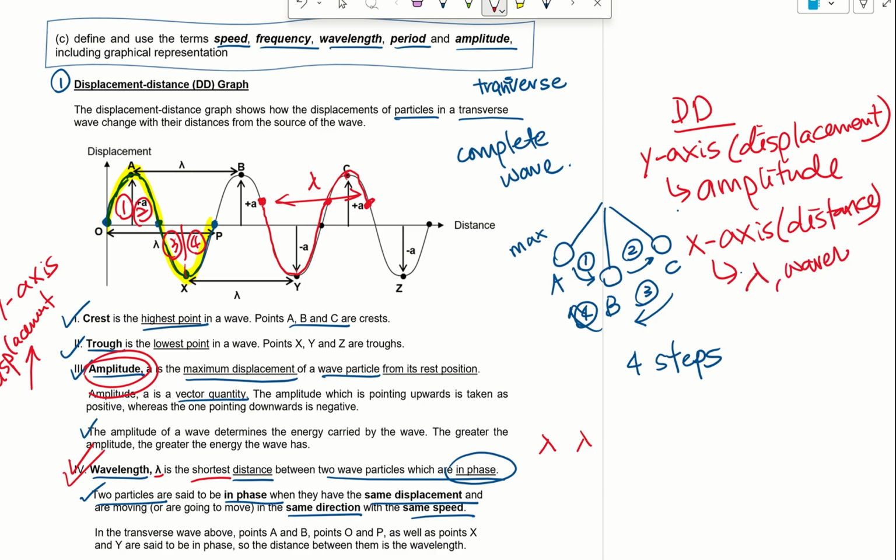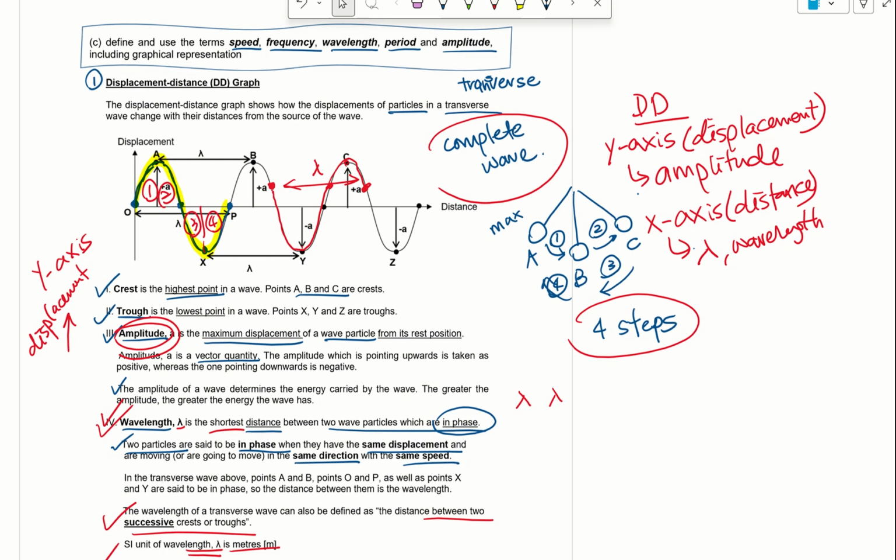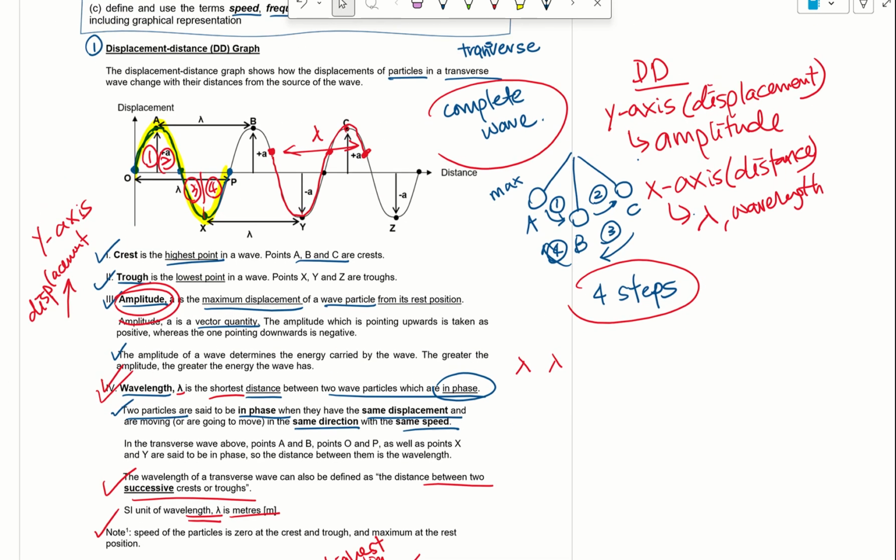So the wavelength will require you to either identify 2 successive crests or troughs, or identify the horizontal distance that a complete wave makes. That means you need to know the concept of a complete wave, and a complete wave needs 4 steps. Please remember these 4 steps because later on we'll be using them.